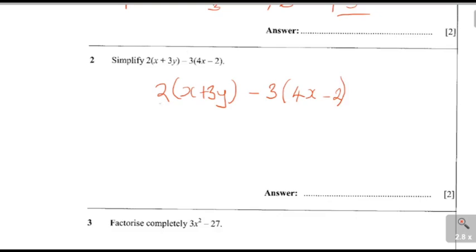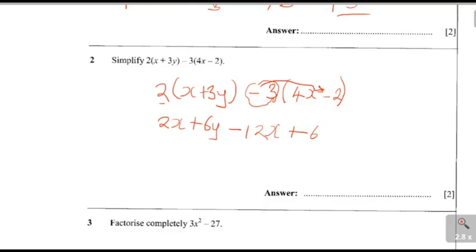The 2 outside, we multiply everything inside the brackets. 2 times x gives 2x, plus 2 times 3y gives 6y. Then negative 3 times 4x gives negative 12x. Then this negative times this negative gives a positive 6.